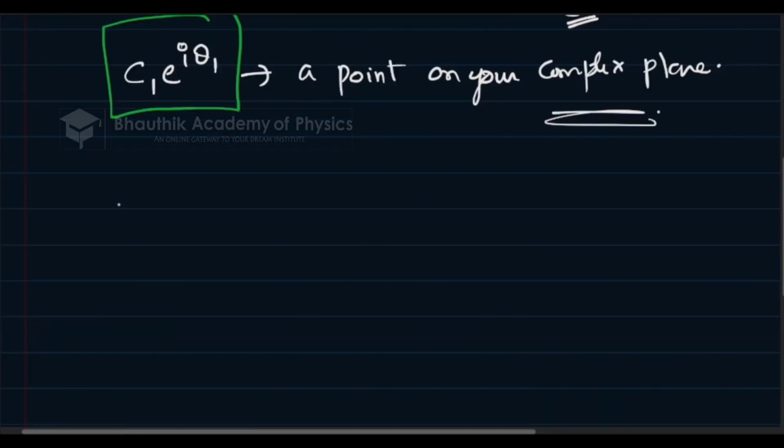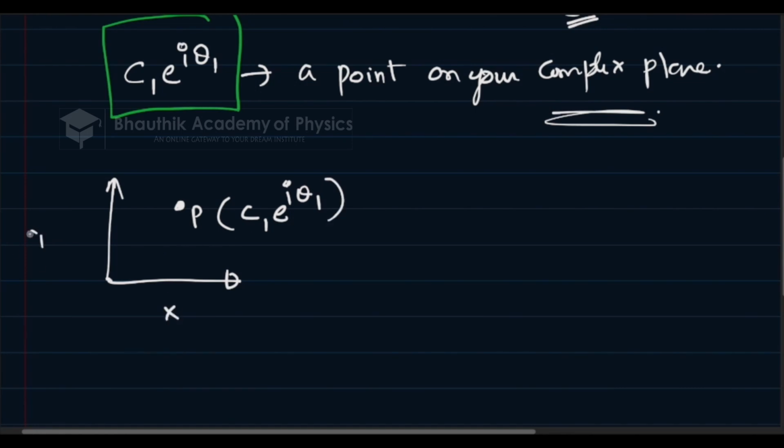We have been considering a point on the complex plane which was fixed. That is, the point was this point P, which is represented using c1 e raised to i theta 1. It's a complex number, which is x plus iy, of course.